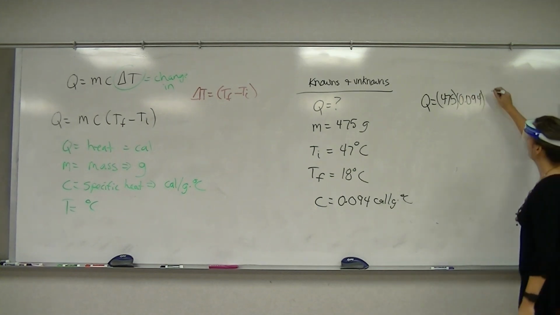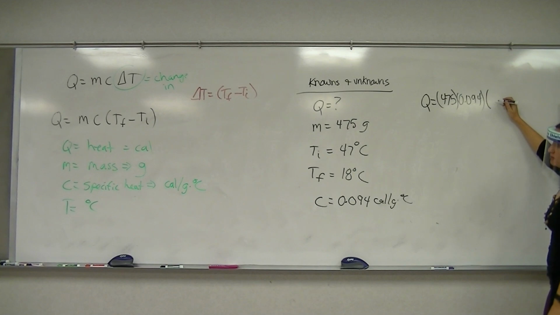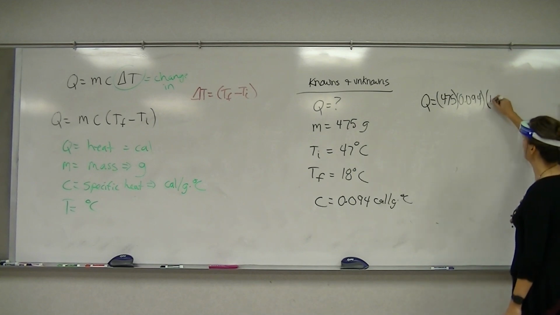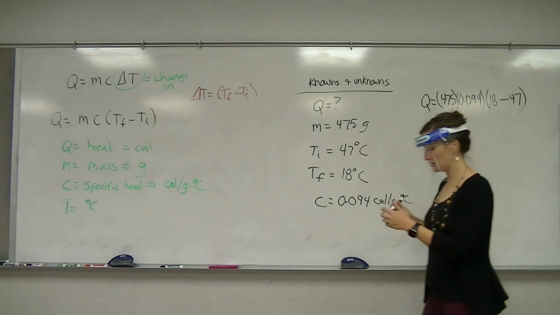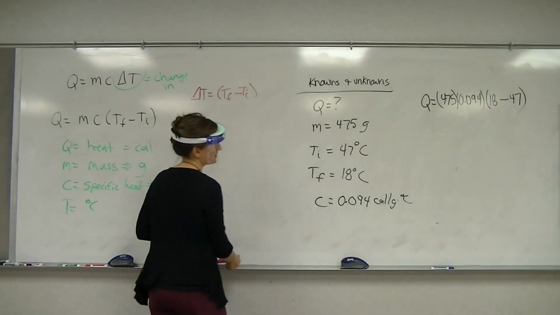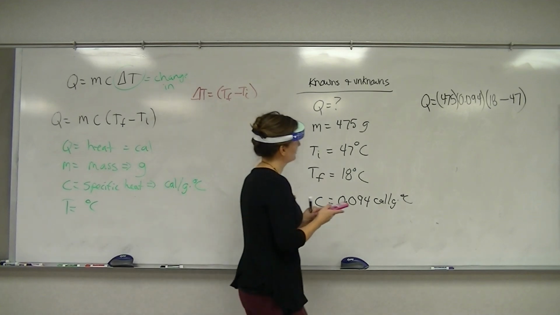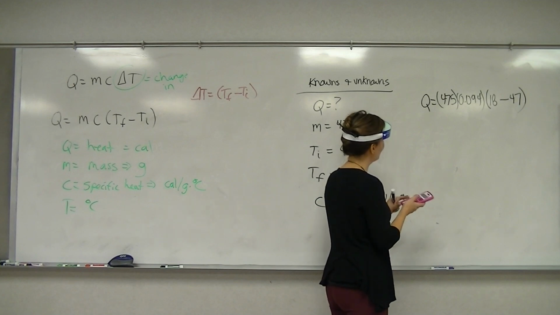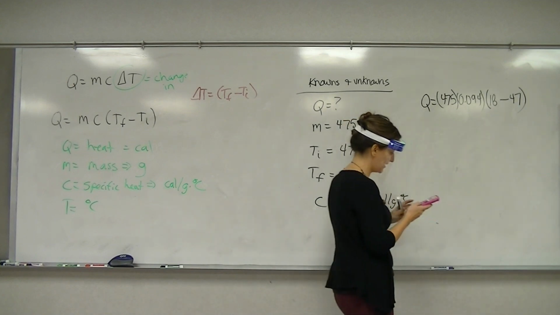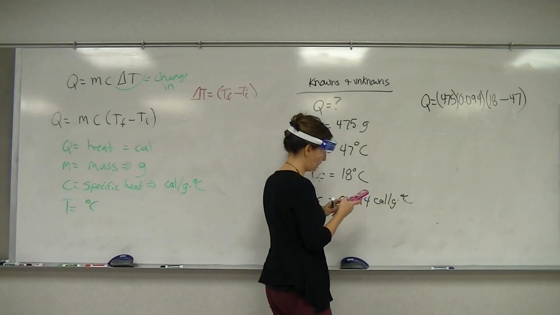And then we have final minus initial temperature. And we said our final was our 18 minus the 47. So make sure you're doing that subtraction in parentheses. So it can be a negative, so I know my heat value is going to be negative.